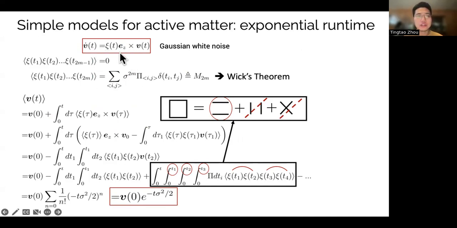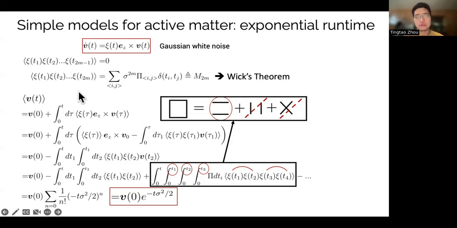And here the noise is a typical Gaussian white noise that we are familiar with, which means that the odd order moments are going to be zero as the ensemble average, while the even order moments are going to follow Wick's theorem and decompose down to the second moment, right?